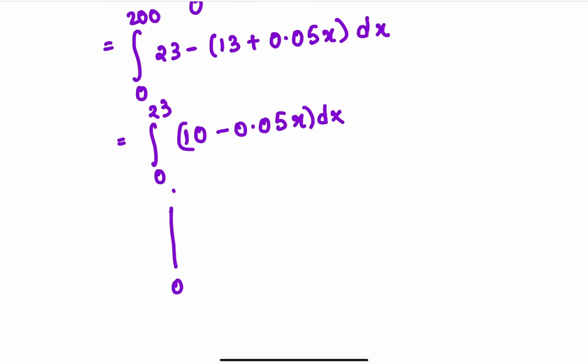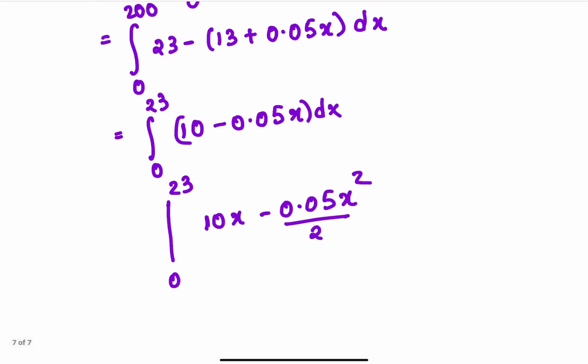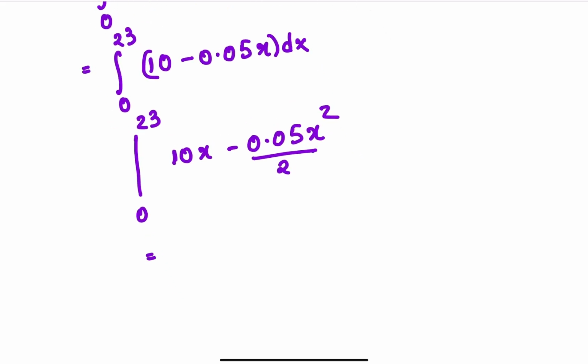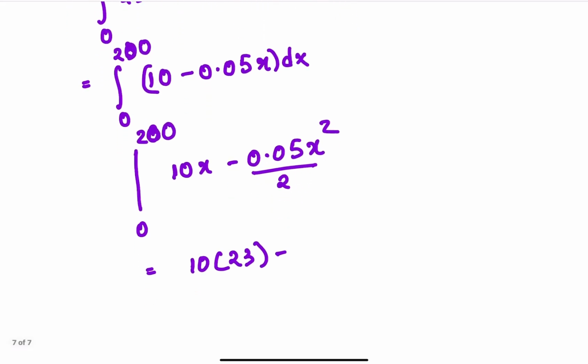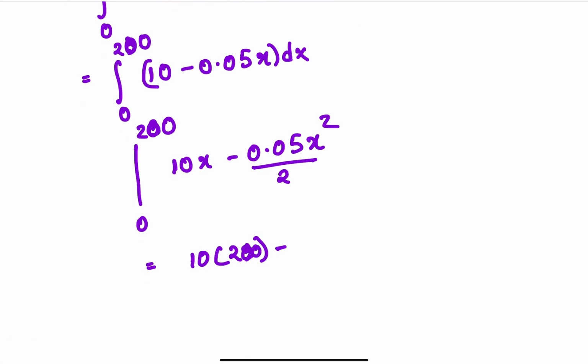The integral from 0 to 200 of 10x minus 0.05x squared over 2. I don't have to plug in my 0. I'm going to plug in my 200. Oh, did I put 23 here? This is 200. I don't know where I got my 23 from. Sorry, 200. I have my kids knocking on the door, so probably I got distracted. 0.05, 200 squared over 2.